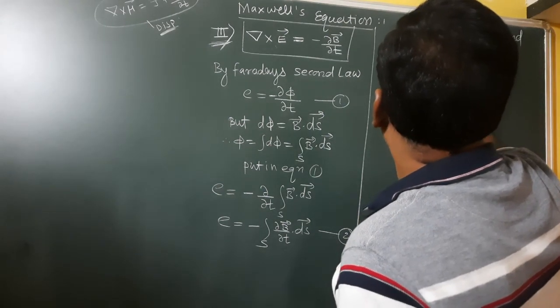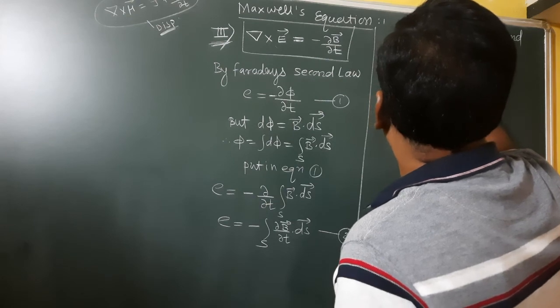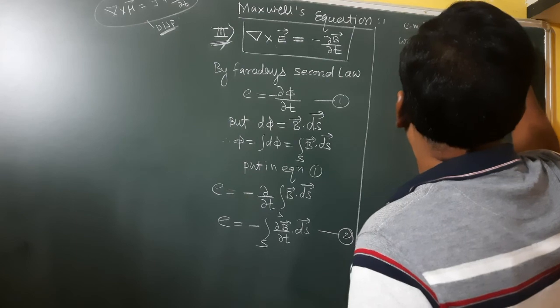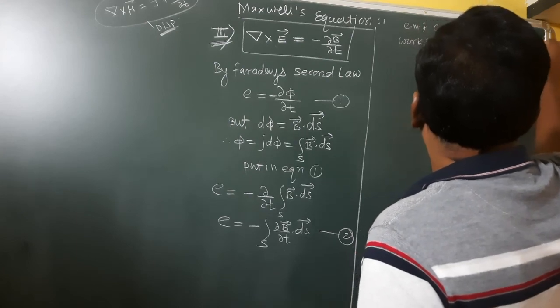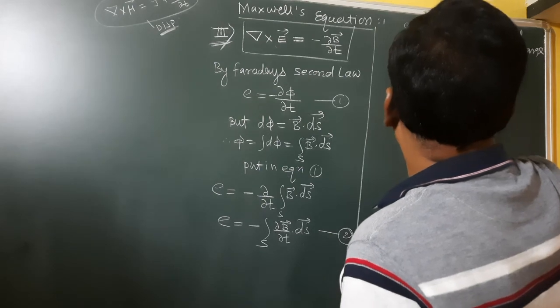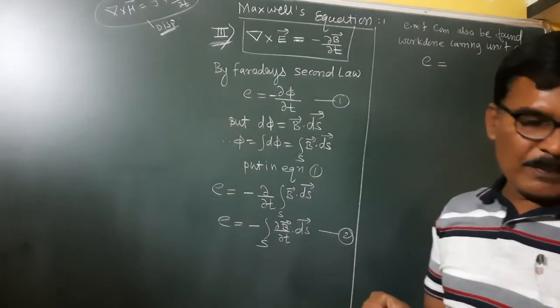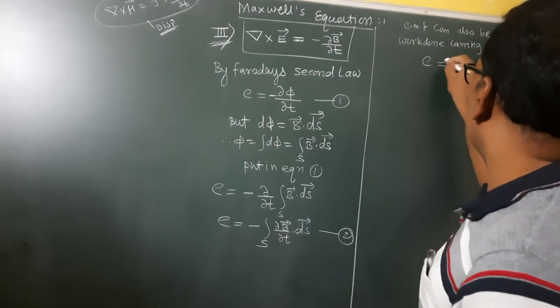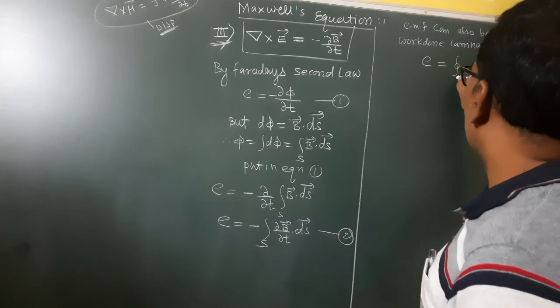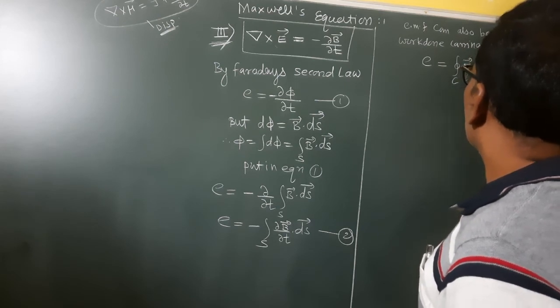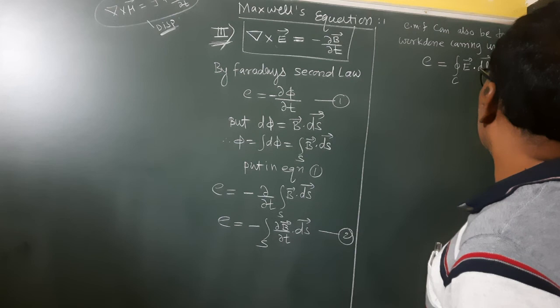That is E is the EMF. EMF is considered as the electromotive force over a closed loop, that is the closed integral of E bar dot dl bar. This is equation number 2.